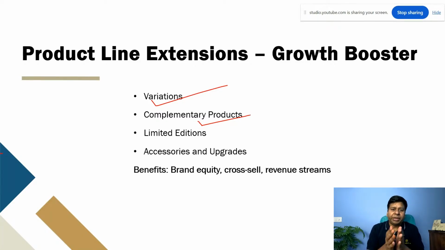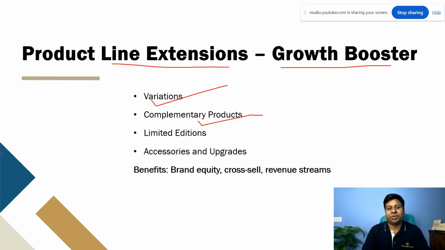And you will be able to develop multiple revenue streams. I'm earning from my core product, but I have created some complementary product or accessories as well. Accessory will be another part I'll be earning. That's why, if you see in the title, I have mentioned product line extension. It's a growth booster. Complement your revenue with another revenue stream.